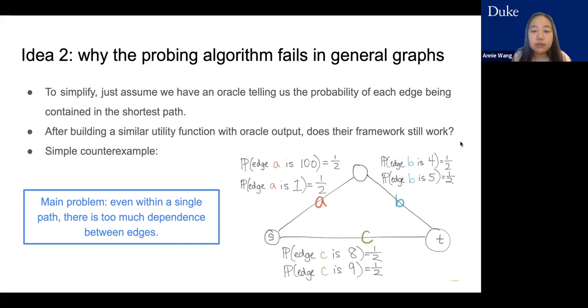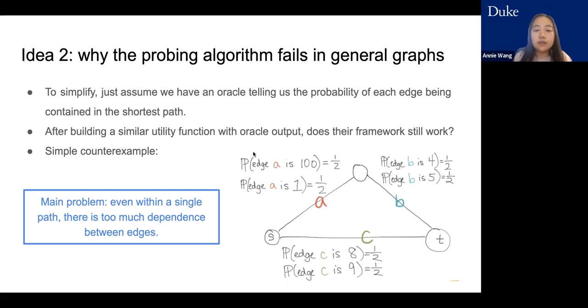To illustrate, we have this small counterexample here. To simplify our problem, we assume that we just have an oracle telling us the probability of each edge being contained in the shortest path. But even then, we still have a counterexample for why this would not work.